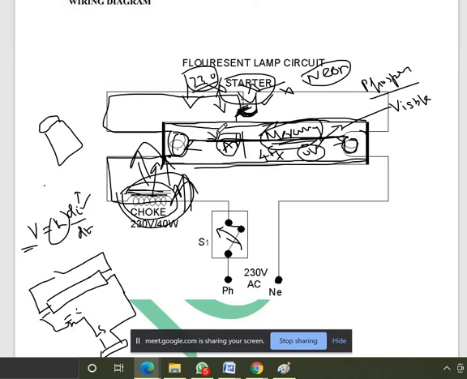So based on the gas filled in the glass tube, the color will be different. Nowadays we use mercury, which is white color, hydrogen means red color, and neon gas means orange color. So based on the element filled in that glass tube, the output light color will be different.